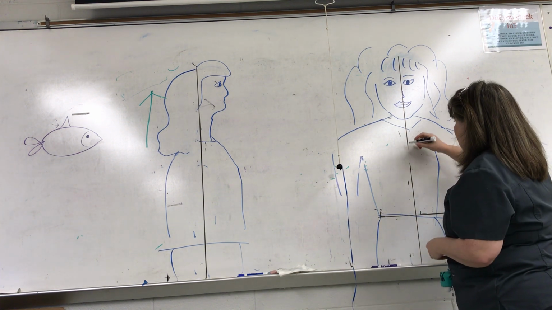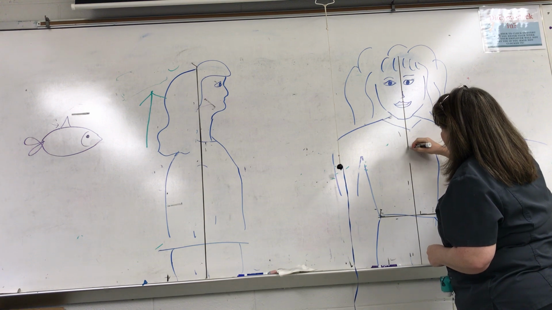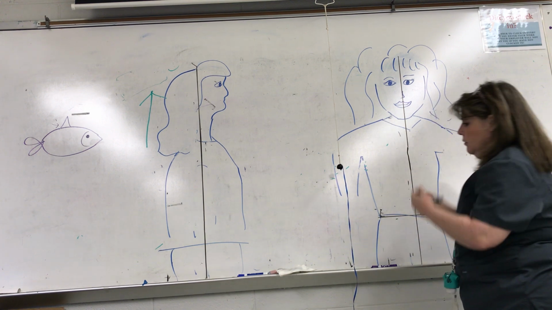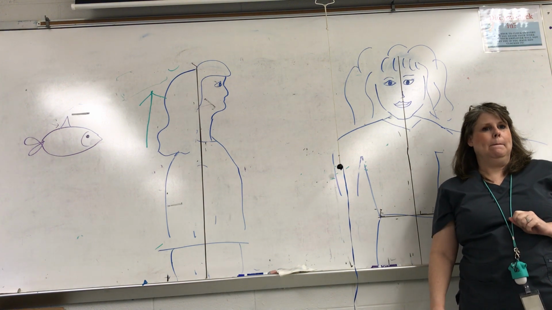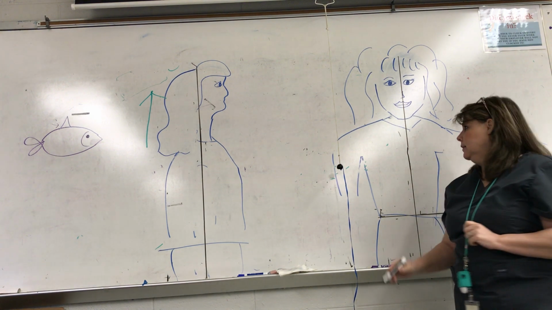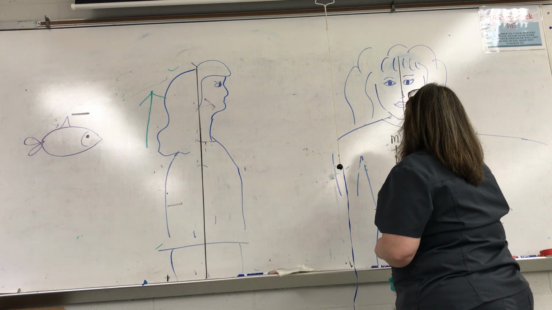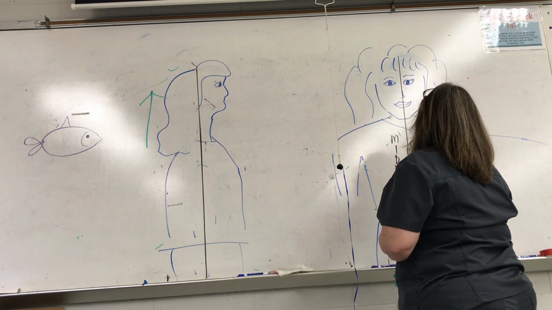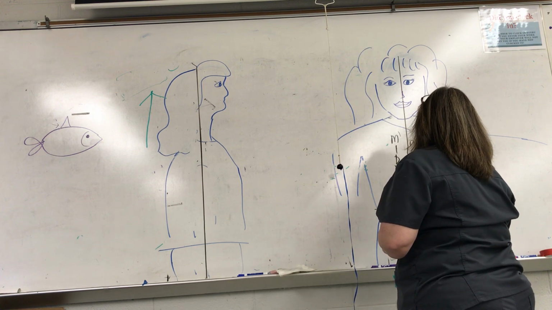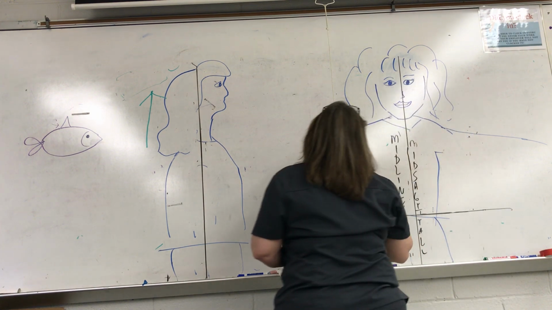What is this line down the middle dividing the body? It's going down the middle of the nose. This way. Midline, what else do we call it? Mid-sagittal. Means in the middle. Sagittal. And what does it divide?